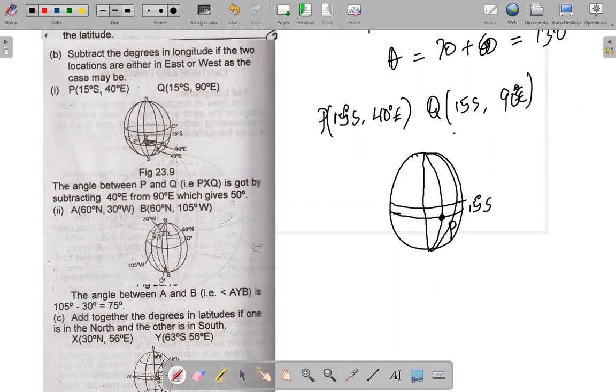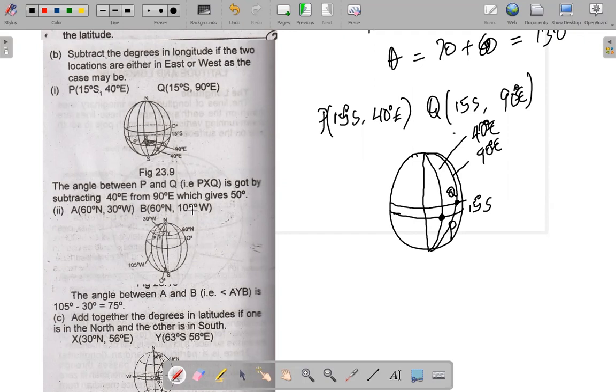Let me label it. This is 90 degrees east, while the first one is 40 degrees east. This point where the latitude and the longitude meet is point Q. So we're trying to represent point P and Q. So this is point Q now.